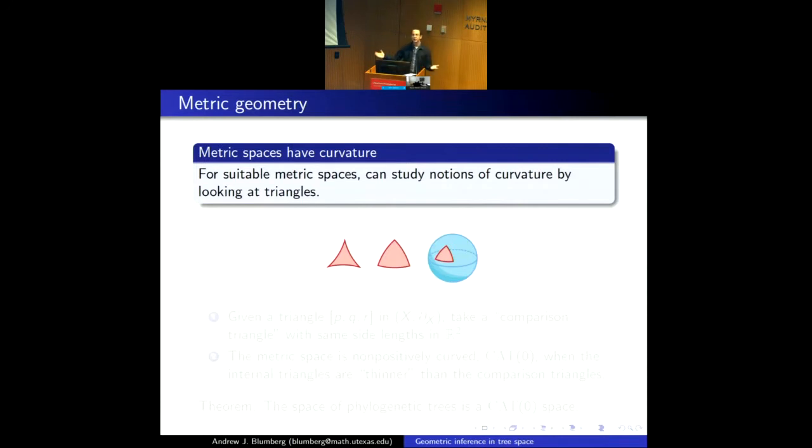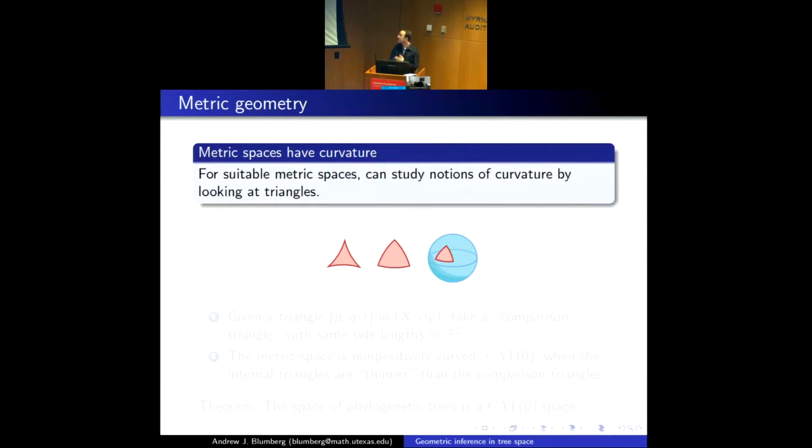A triangle on a flat piece of paper should have 180 degrees. If you think about a very large triangle on the surface of the Earth, it's fatter than you would expect. There's degree excess, and the triangle spreads out at the angles. You could also imagine triangles that are thinner than you would expect in Euclidean space.